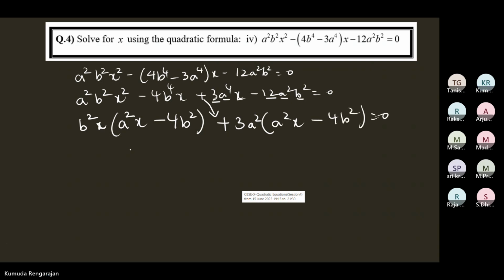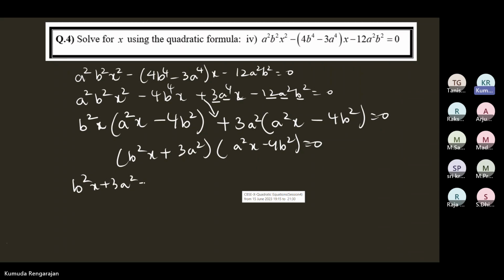Then b square x plus 3a square in a bracket, and a square x minus 4b square in another bracket. Then we equal it to 0. Then b square x equals minus 3a square.